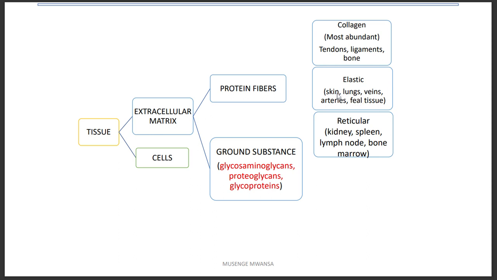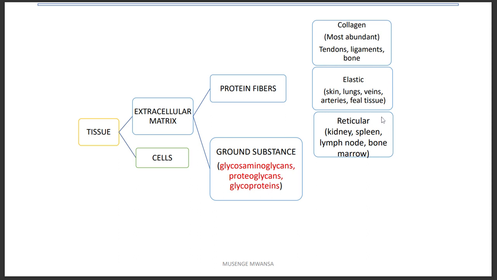So this is going to include the fibers which are found in the skin, in veins, in arteries, and also in fetal tissue. We know that these are able to be elastic. In other words, they can bend and also come together, like the veins and arteries, let me say blood vessels. You are able to bend them and not break them.